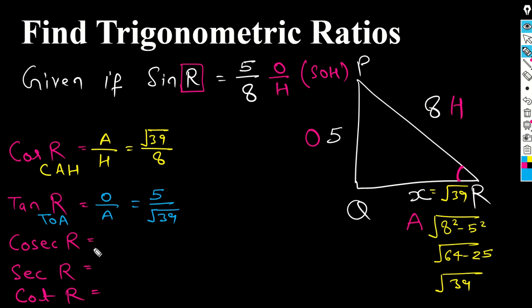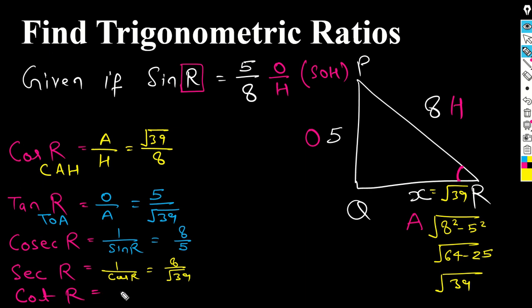Now cosec r. Cosec r is 1 over sine r, right? Remember? And now sine r is 5 over 8. So this will give you 8 over 5. Now secant r is 1 over cos r, and this is square root of 39 over 8, so that will give you 8 over square root of 39.